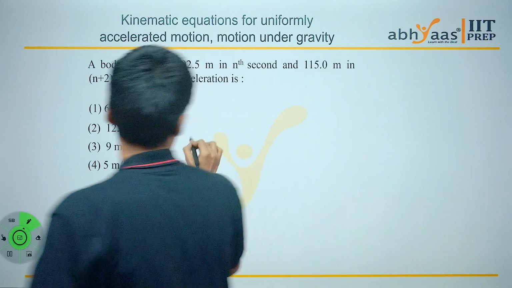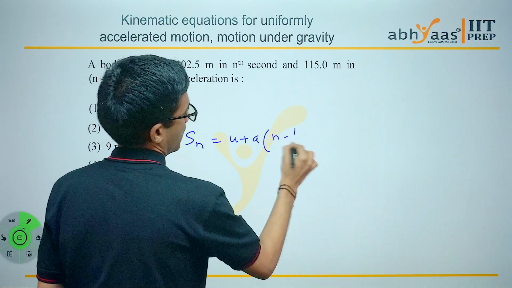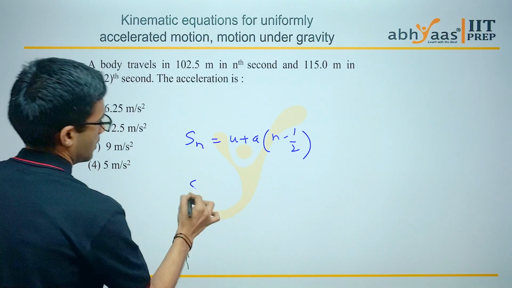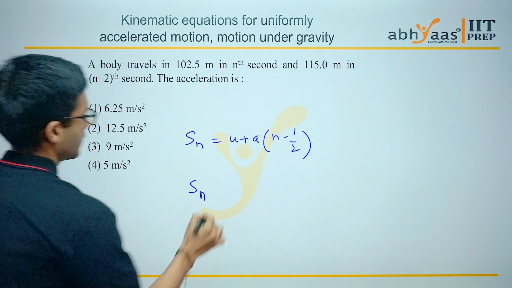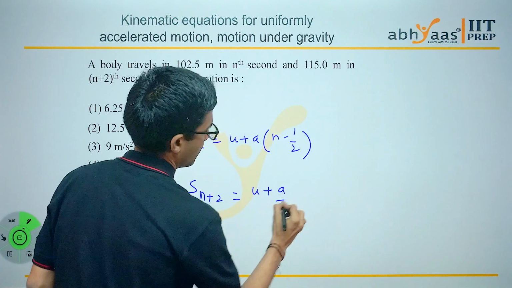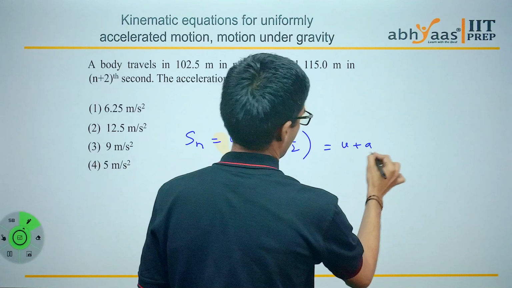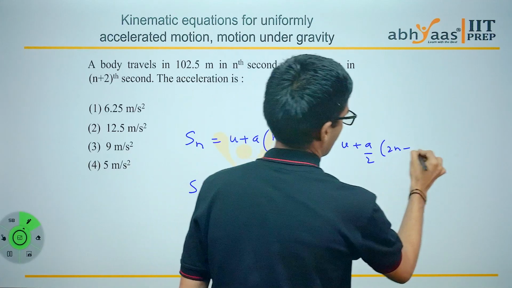So the general formula is Sn equal to u plus a into n minus half. But another one is Sn plus 2, that is u plus a by 2 into 2n minus 1.